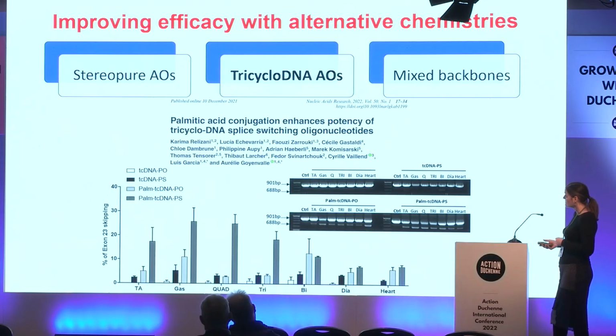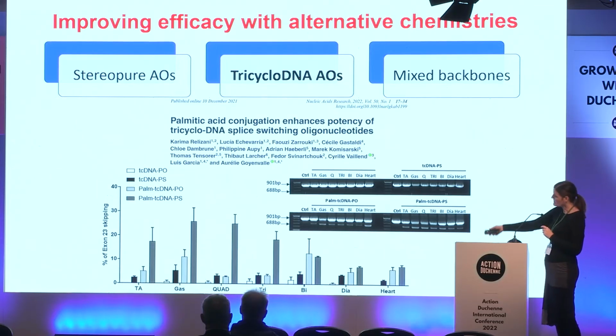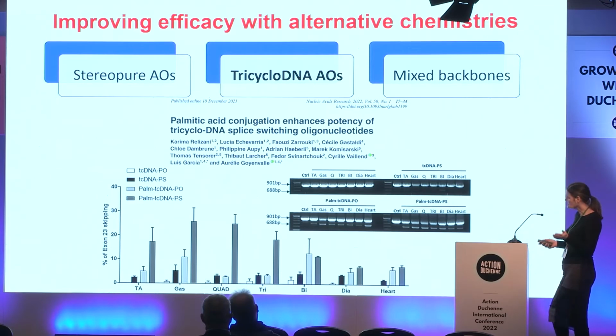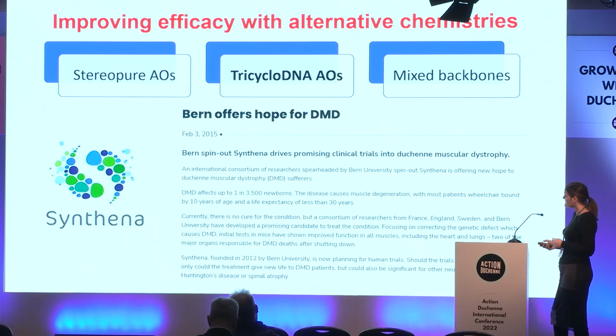They've now published another study, at the end of last year, where they've conjugated, so they've bound, the tricyclo to a fatty acid. Again, it's a comparison between non-conjugated and conjugated, and they show a really nice increase, sort of a doubling in the amount of skipping in the mdx mouse. So it works well. And a company has arisen out of this work called Synthena.